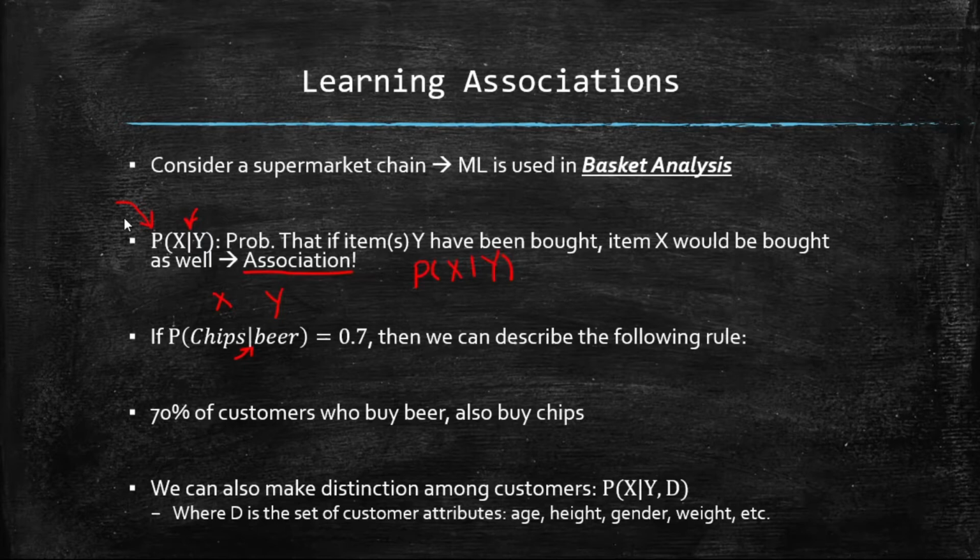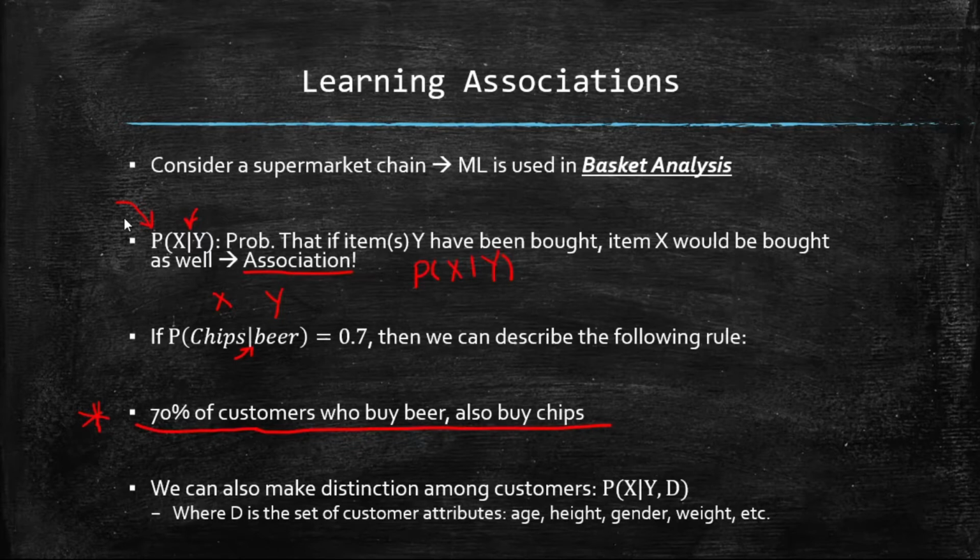So if you have this number outputted using your machine learning algorithm, then you can basically come up with the following rule here, which would be of interest to your boss. If the probability is 0.7 or 70%, which is the same, you can describe the following rule here. 70% of customers who buy beer also buy chips, right?